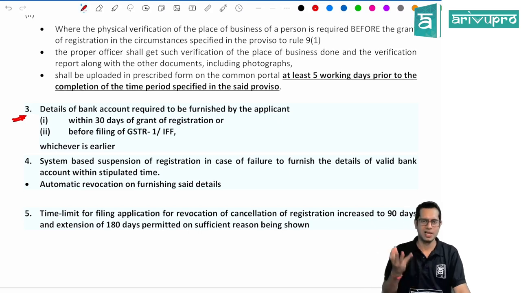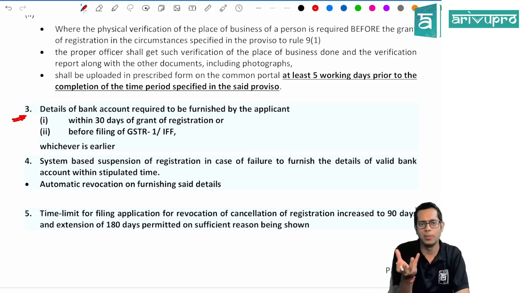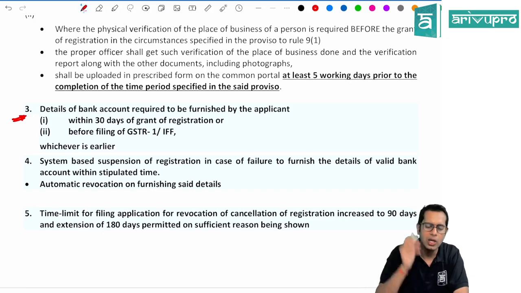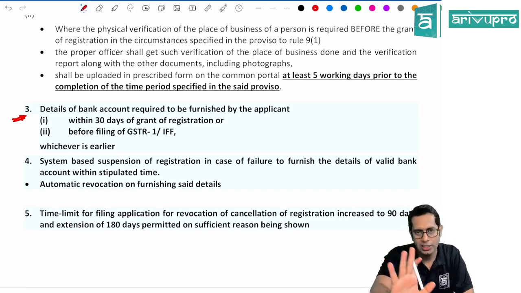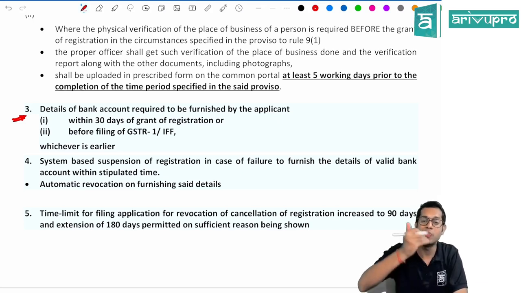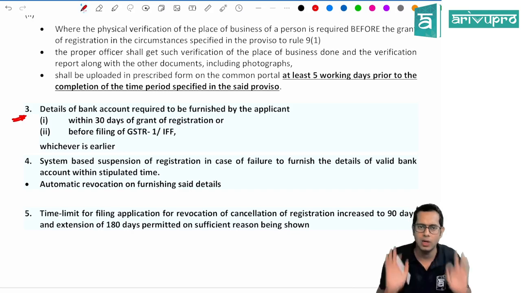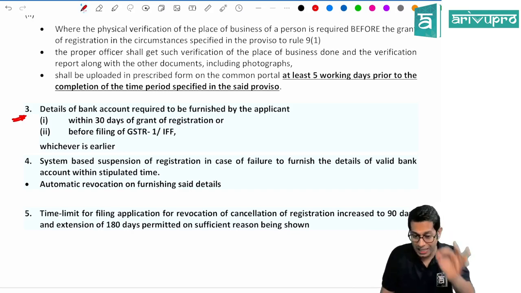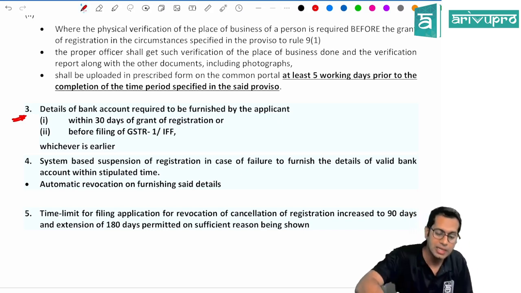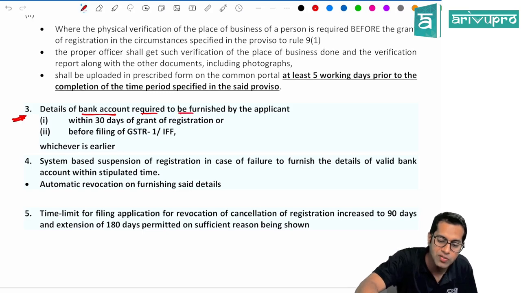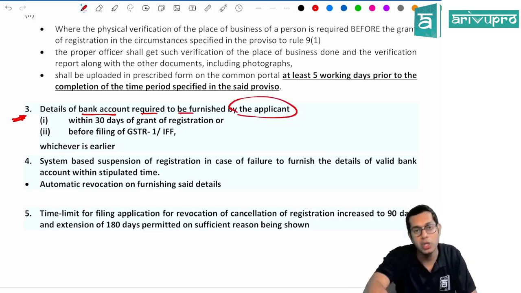Lawmakers understood this hardship. Obviously, this is a problem in the law. So they said, at the time of making an application for registration, I will not ask you to submit the bank account details. Whenever you are taking the registration, you don't have to upload bank account details at that time.